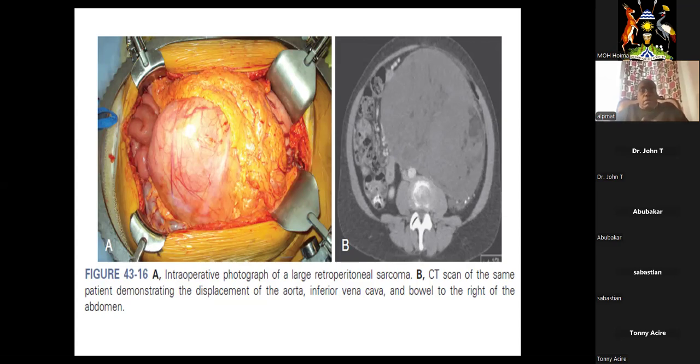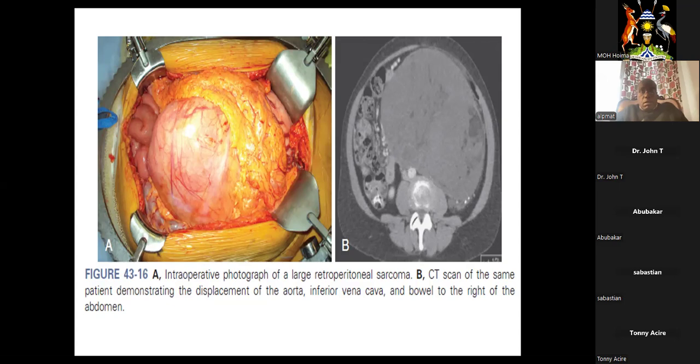So today we are talking about retroperitoneal disease. To start with, we all know the peritoneum per se, a thin lining made of mesothelial cells, and it is derived from the mesoderm embryologically.